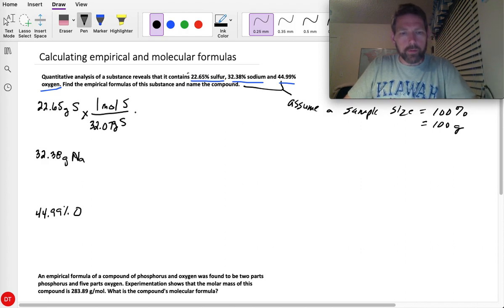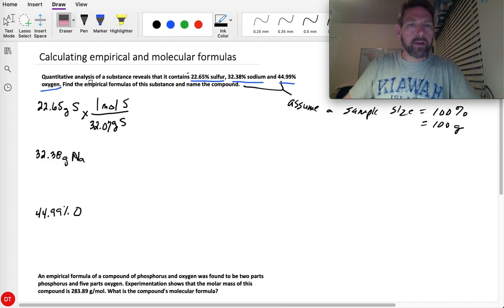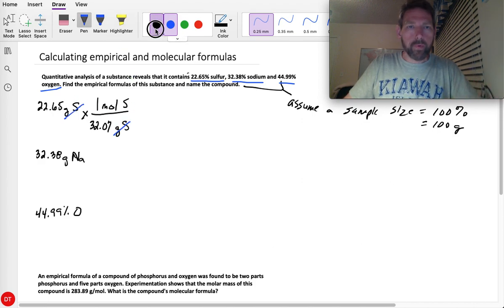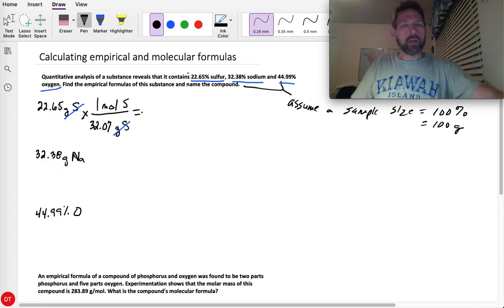So that means we've got 32.07 grams. Let me make that a little bit better for you. All right, and that looks like 9 with an S. Let me rewrite this. I want to make sure that there's no confusion for you. Grams of sulfur. All right, now you should see grams of sulfur goes away. So let's do some math here.